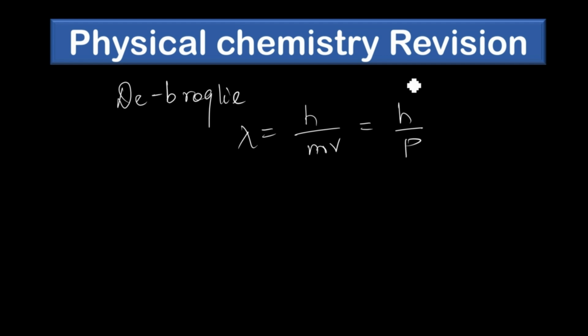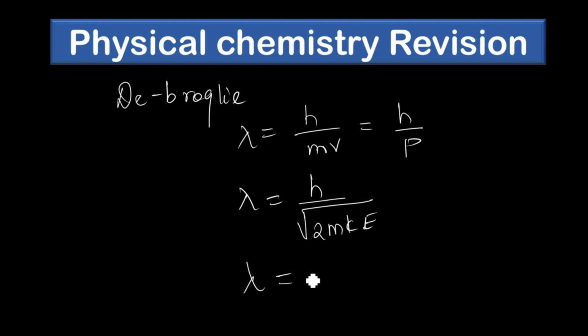Okay, so moving on to de Broglie equation. Lambda is equal to h by mv or h by p. m stands for mass, v stands for velocity, p for momentum, and h for Planck constant. Okay, so other than this, lambda is equal to h by root of 2mK, K for kinetic energy, that will also work.